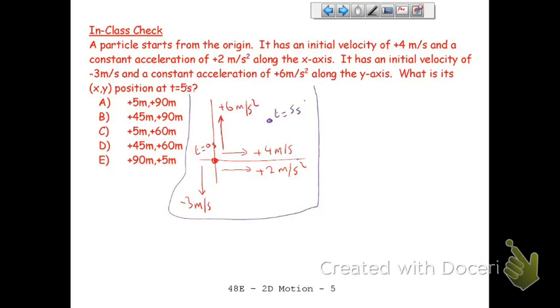So if I think about this horizontal axis, there's my position at time t equals 0, and then it goes to there, and then there, and then there. Can you see how it's speeding up? And then if this is my y, it's going there, but it's slowing down, it's stopped, it's speeding up.